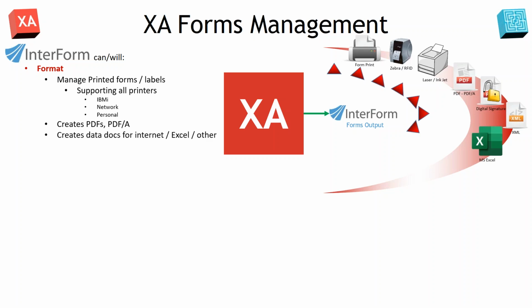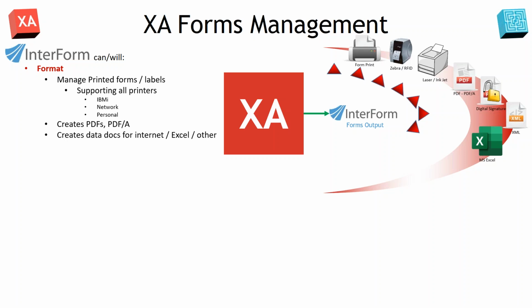The next piece is being able to communicate those, distribute. Now, actually, I just got ahead of myself. We can create data forms also. So not just PDFs, not just printed forms, we can put this in Excel format. We can put this in XML format.